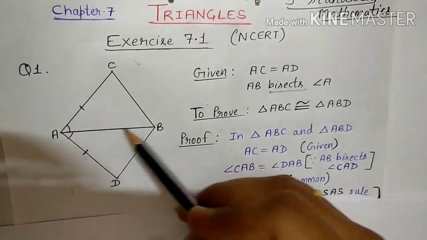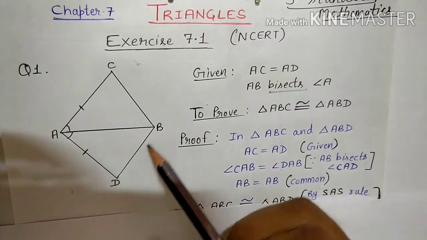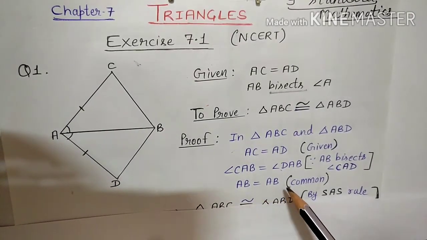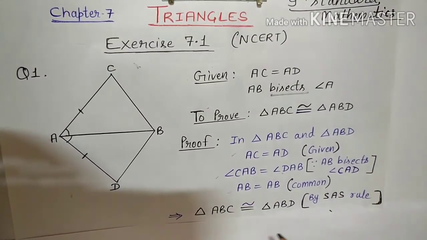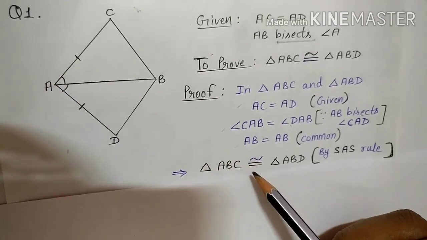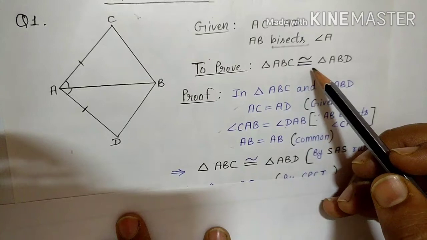Why? Because AB is in triangle ABC and AB is also in triangle ADB. In both triangles AB is coming, that's why AB is common. So by side, angle, side, by SAS we can say that triangle ABC is congruent to triangle ABD. So we have just proved what we had to prove.